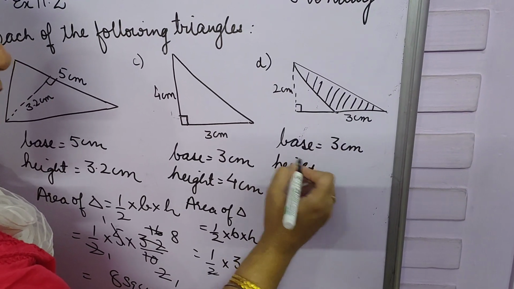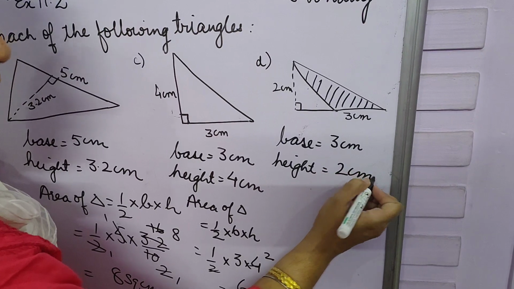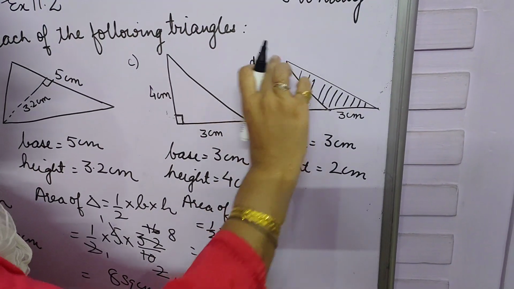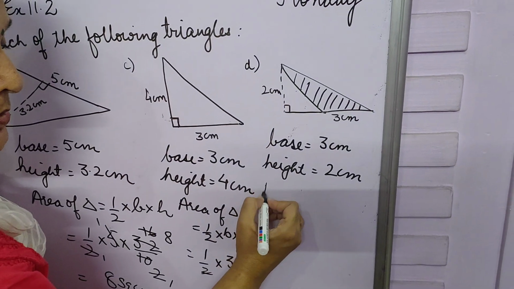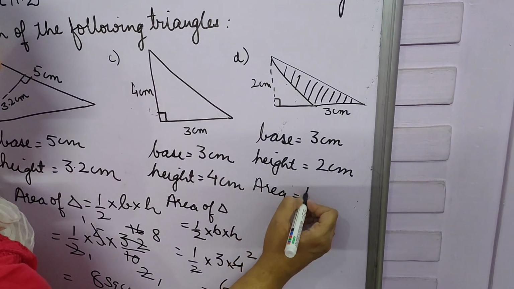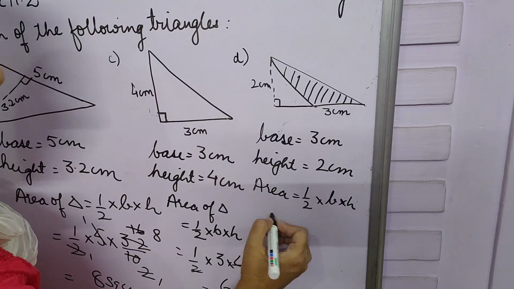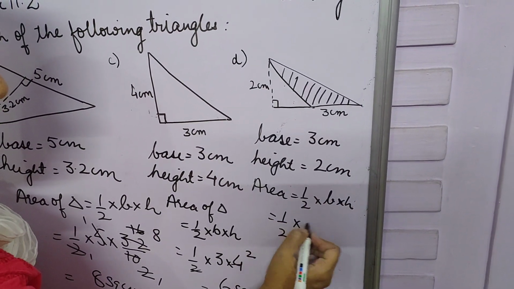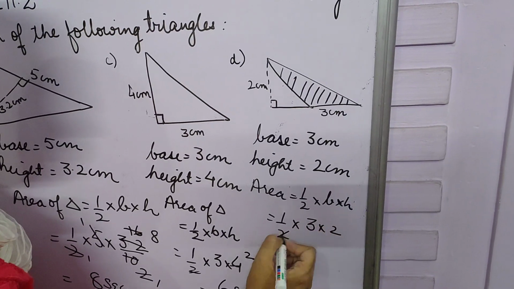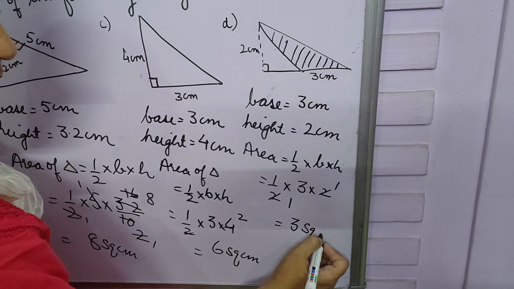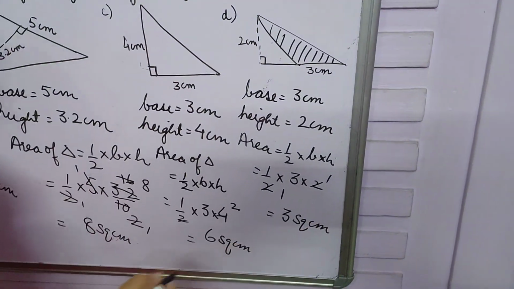Height is, though it lies outside the triangle, no matter, in obtuse angle triangle it happens. So height is 2 centimeter. So how much is the area? Area can be calculated by half into base into height. So it is 1 by 2 multiply 3 into 2. Cancel these both by 2. So the answer is 3 square centimeter.